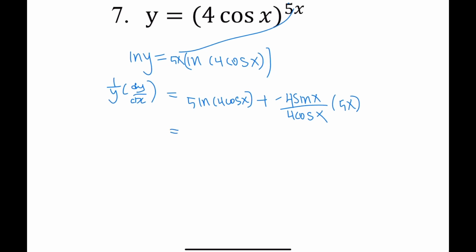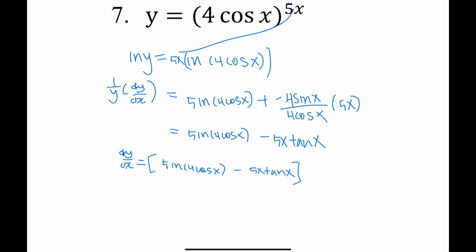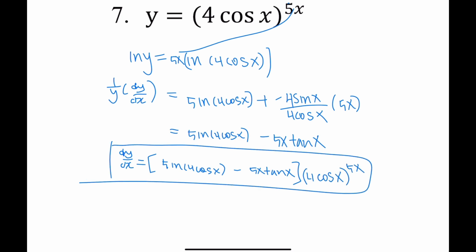Okay, so that means 5 ln 4 cosine x minus 5x tangent x. And then dy over dx would basically mean 5 ln 4 cosine x minus 5x tangent x, this whole thing multiplied by 4 cosine x to the 5x power. So this would be our answer.